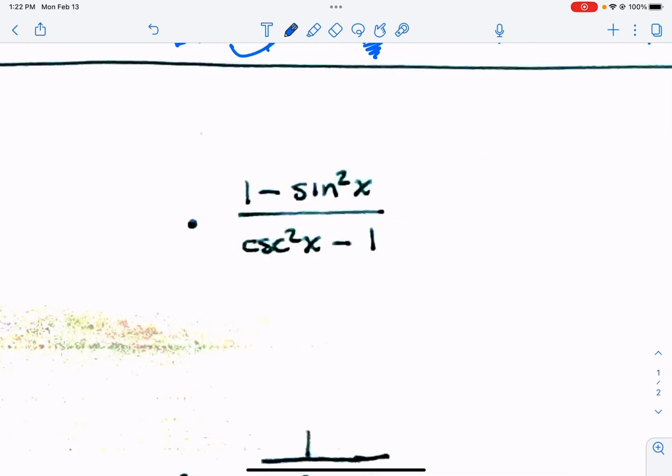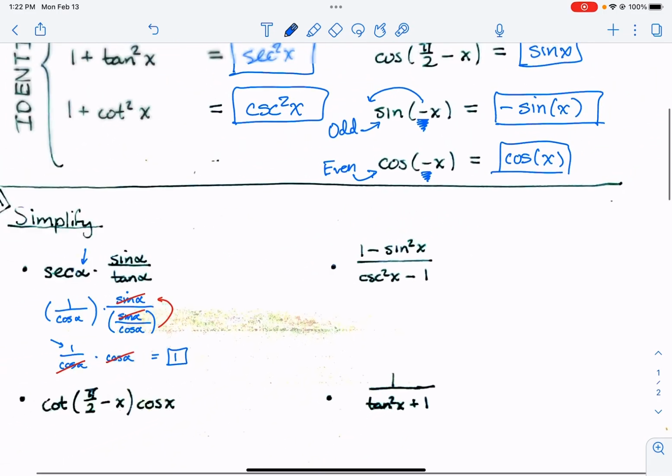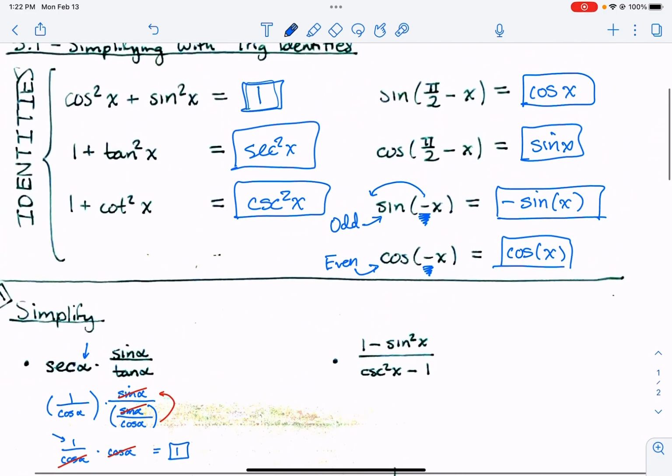1 minus sine squared of x over cosecant squared x minus 1. I can think of maybe 2 ways to do this one. One thing might be to swap out the cosecant squared x minus 1 for something, and then we could divide through. Let's think of our identity. We have this one right here.